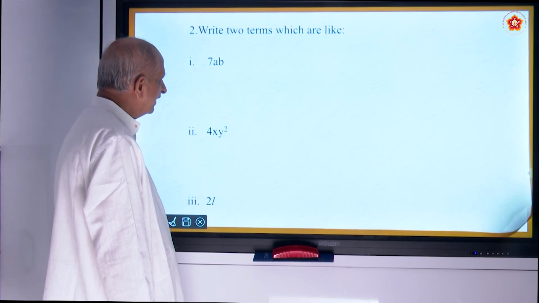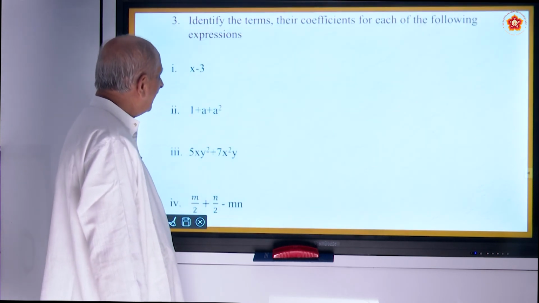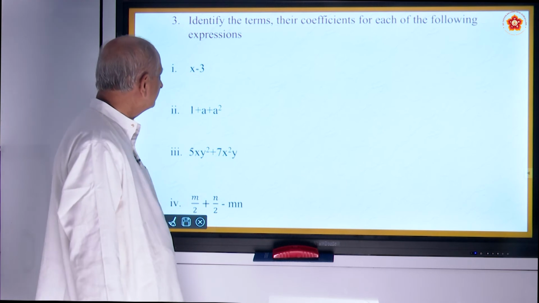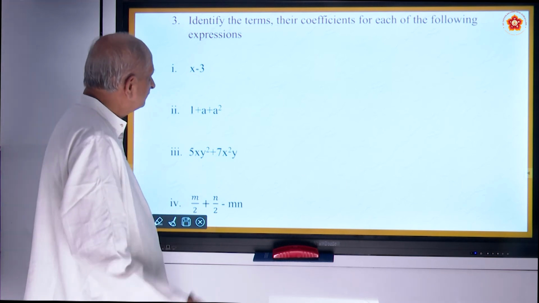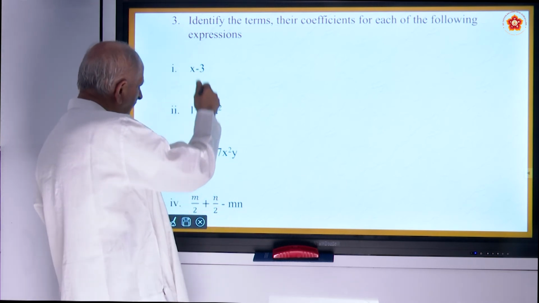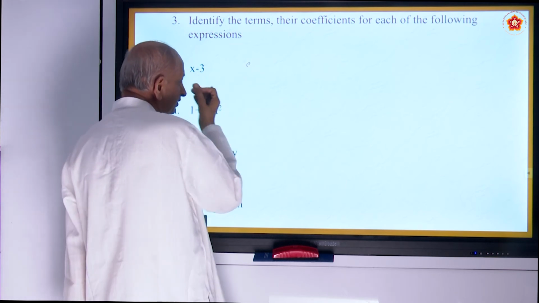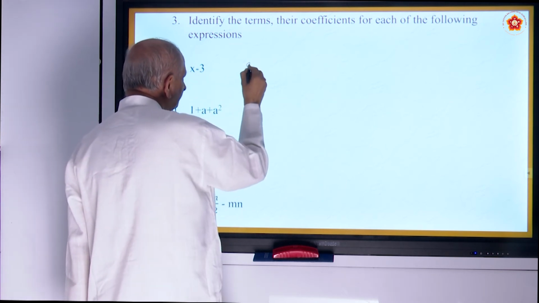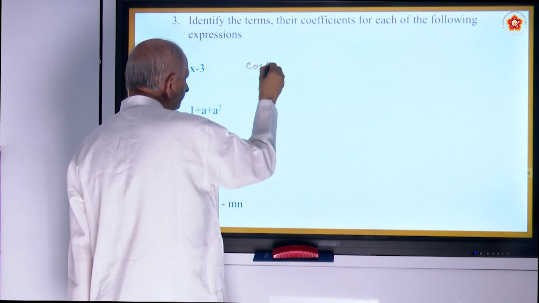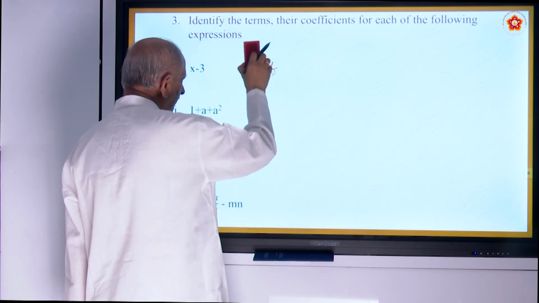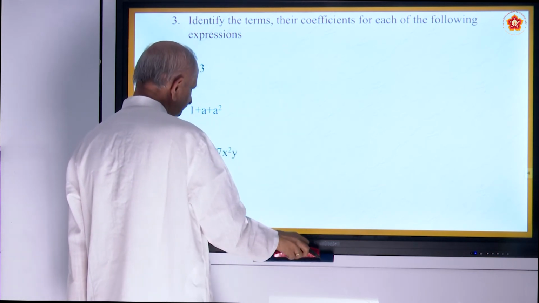Okay, and the next question will be: identify the terms and their coefficient for each of the following expressions. So these are the terms here. So coefficients. Here, terms and coefficient, we will have two columns.